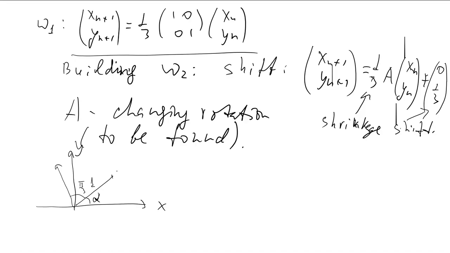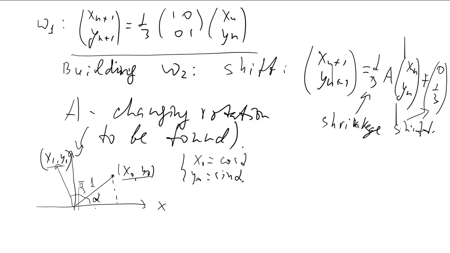Then this point, which has coordinates, let's say x0, y0, will have coordinates x1, y1. So this is the original point and this is its image. We only rotate, we don't change distance to the origin. Then x0 equals cosine alpha, y0 equals sine alpha.